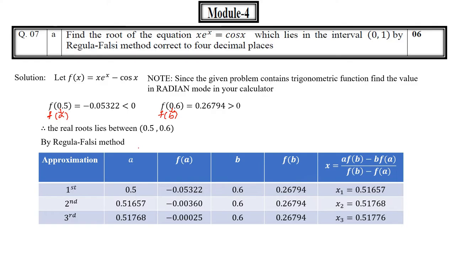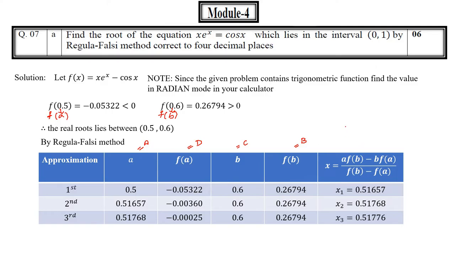For my convenience, I am denoting small a by capital A, f of b by capital B, small b by capital C, and f of a by capital D. Understood what I am doing?